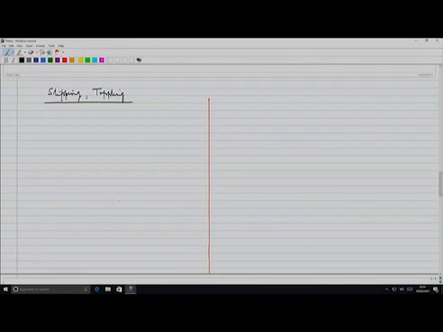So what I have is a cubical block. There is a force F acting on this cubical block here.